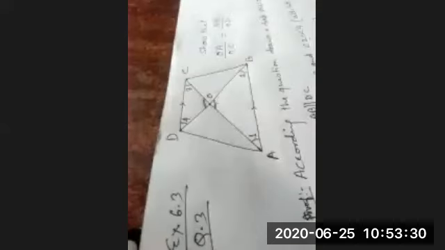This implies triangle DOC is similar to triangle BOA by AAA. Yes or not?